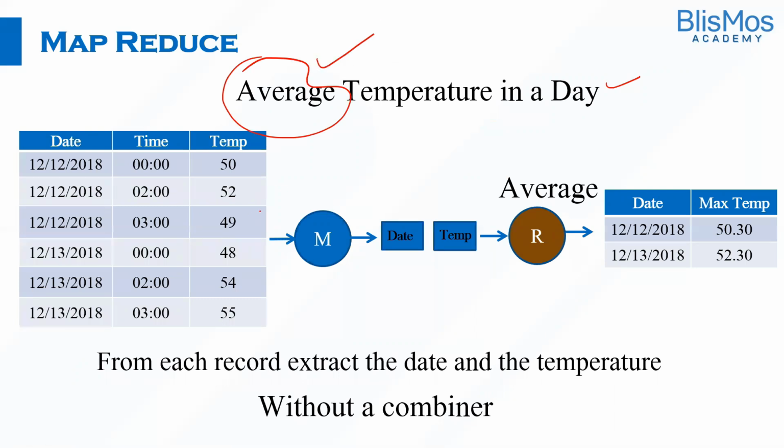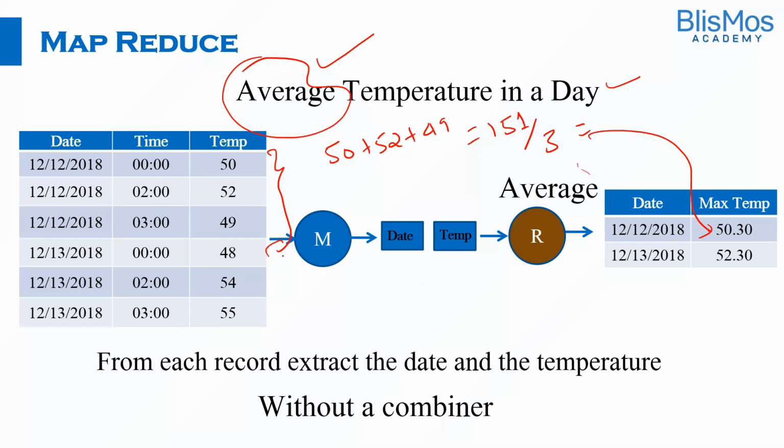Ideally, assuming that there is no combiner here, what will be the average of these three, because all of them come from the same date? 50 plus 52 plus 49 is equal to 151 divided by 3. It is 50.3.